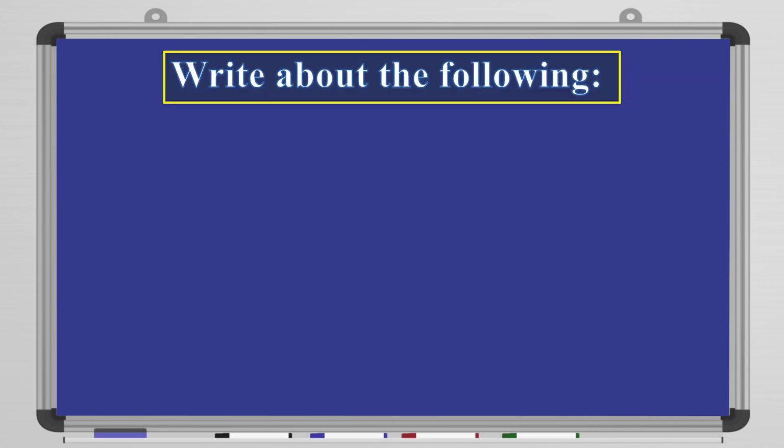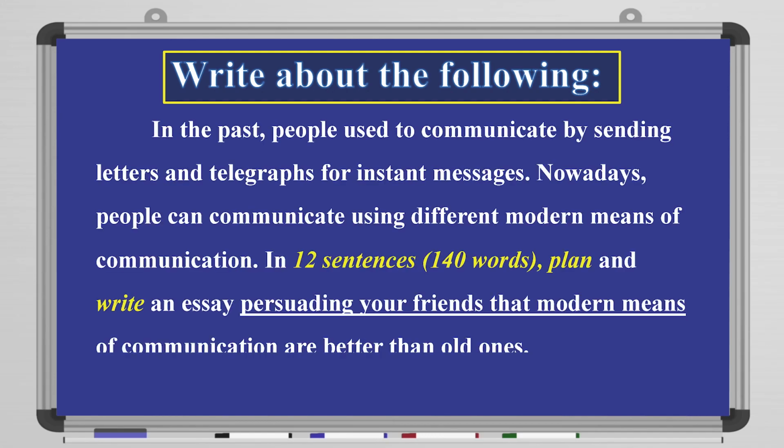If I asked you to write about the following: In the past, people used to communicate by sending letters and telegraphs for instant messages. Nowadays, people can communicate using different modern means of communication.